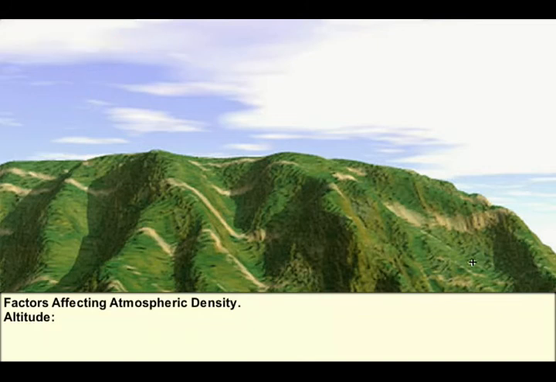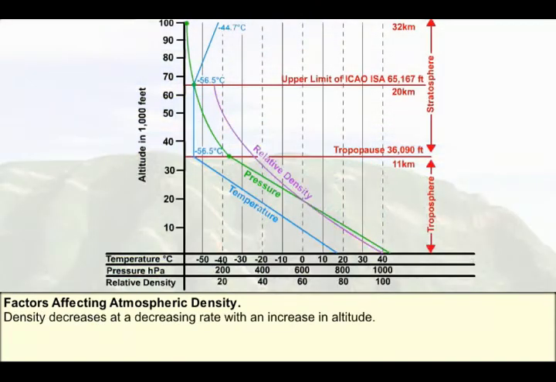The reduction in pressure reduces the density more than the reducing temperature causes density to increase. Since pressure is the dominant factor affecting density, it follows that because pressure decreases at a decreasing rate with altitude, so will density. Looking at the diagram of ISA, we can see that relative density decreases with altitude at a decreasing rate.